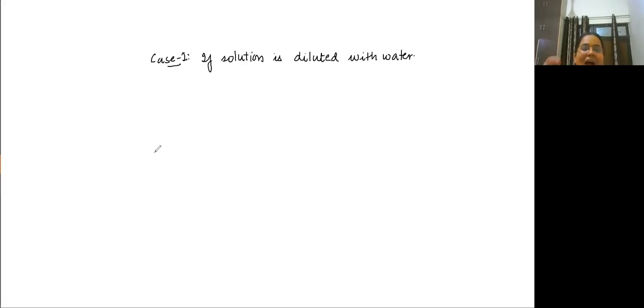Correct. When you are adding additional water. So basically, molarity will be equal to total moles divided by total volume.